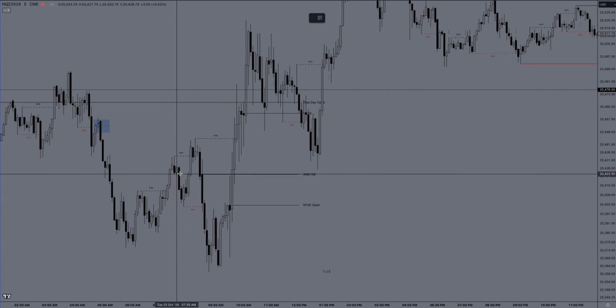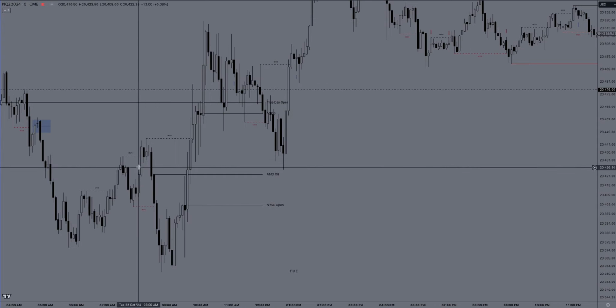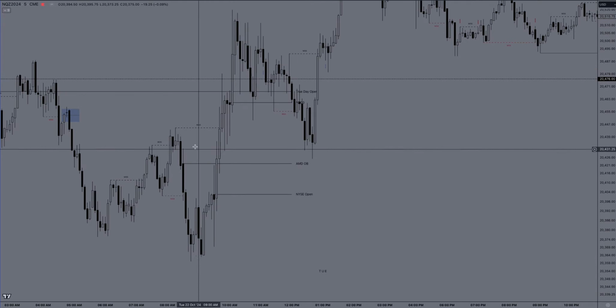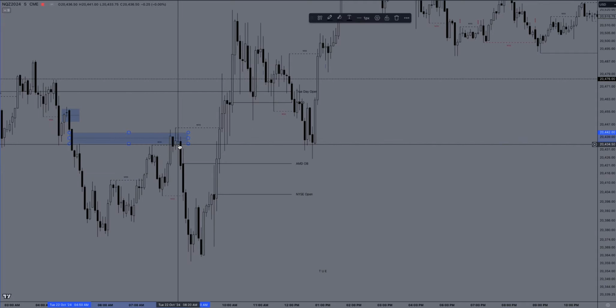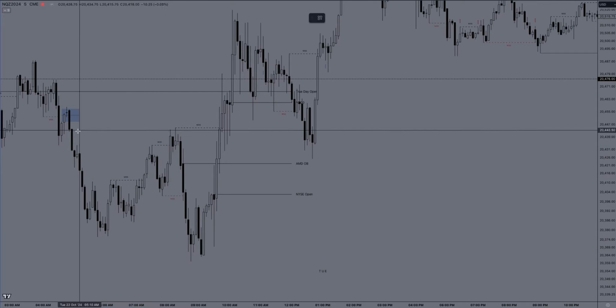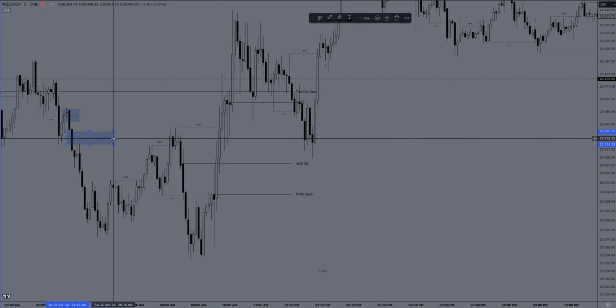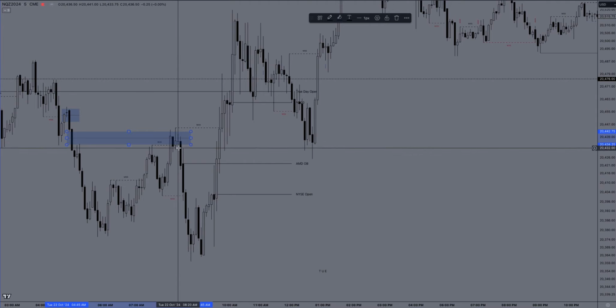And if you do wait for the breaker structure, you realize that if you didn't wait for an actual fair value gap entry there, you would have then stopped out again. So as we enter, we didn't close above that fair value gap there. I don't really extend my fair value gaps like this. If you're using a M5 as a POI and you're using the 1 minute, you could potentially have found an entry in here on 1 minute 30-second market structure shift fair value gap entry.